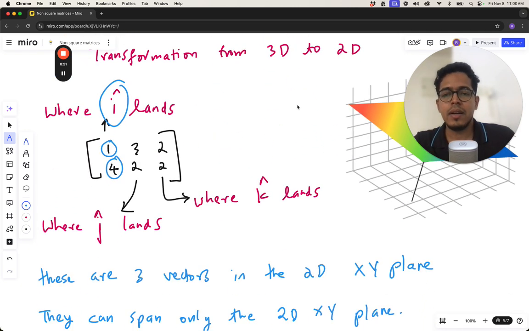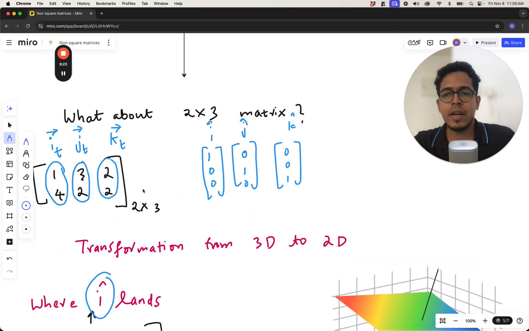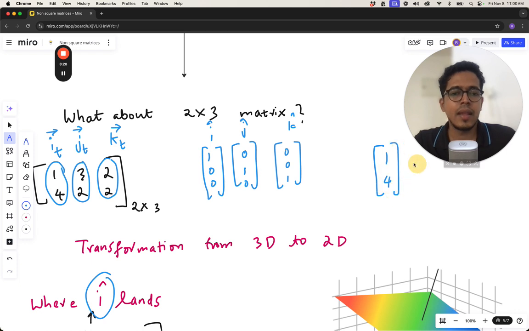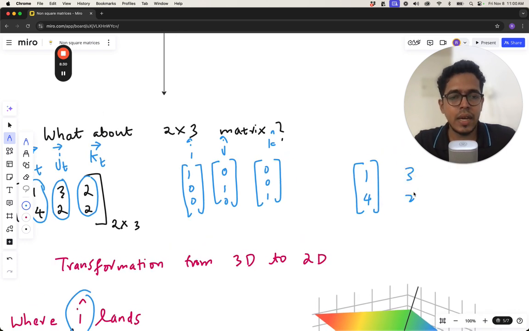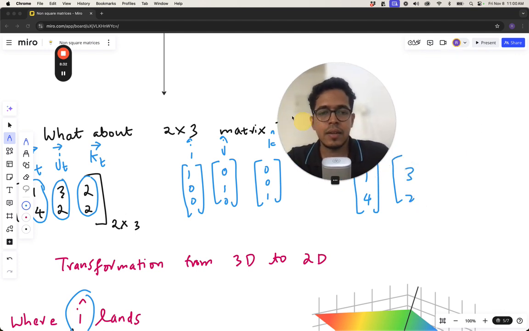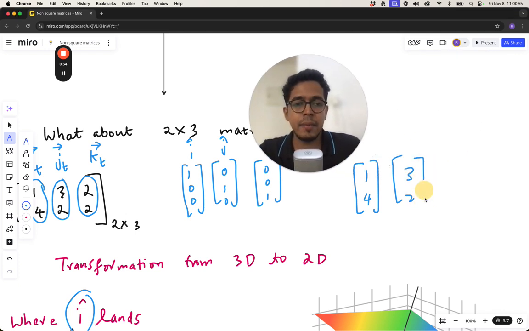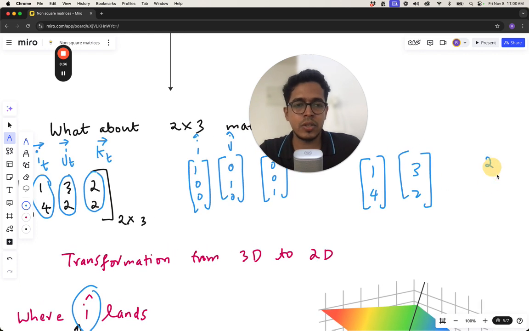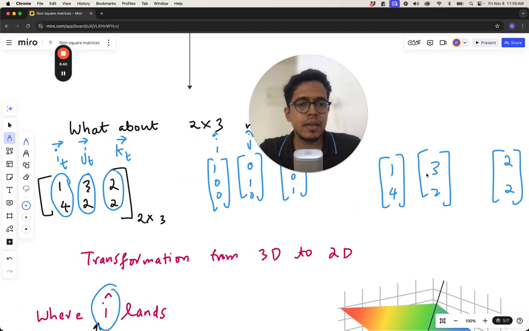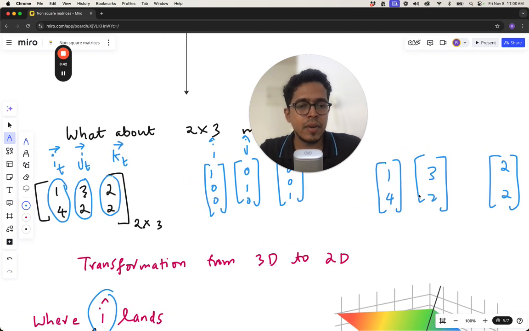So for example, let's take 1 4 and 3 2 as the basis vectors. Then the third vector is not linearly independent. It is dependent on the previous 2 vectors. So the third vector is 2 2, right? We could represent this by solving an equation.